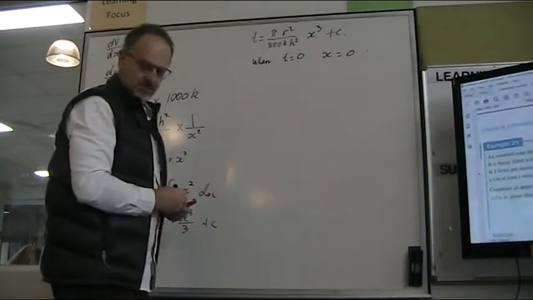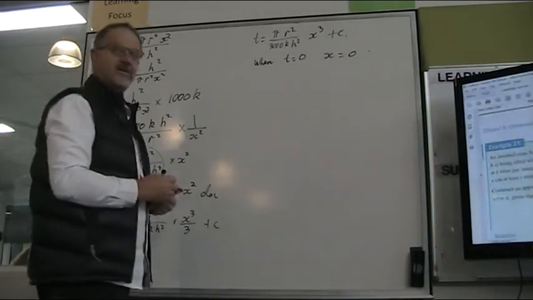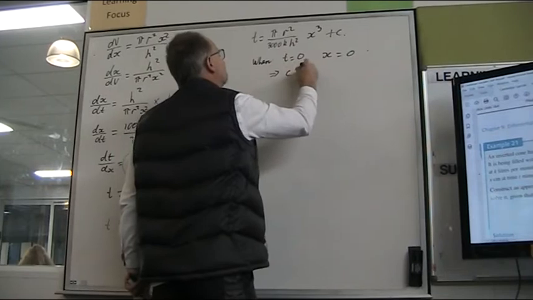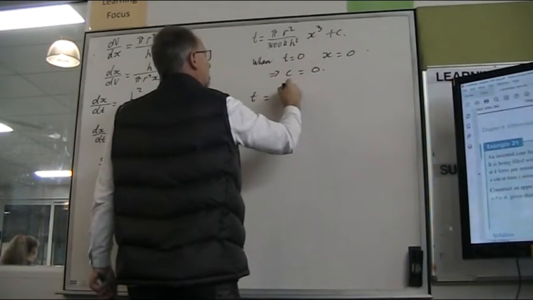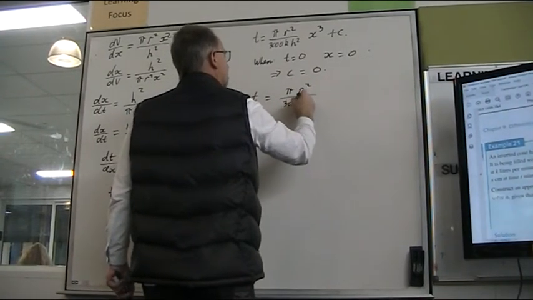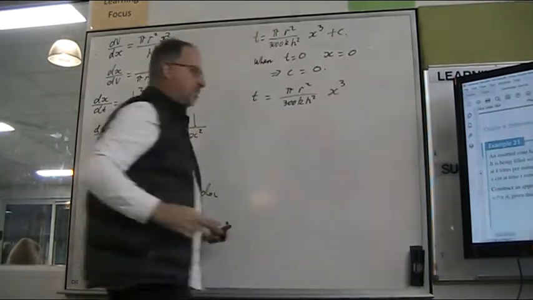And then if you put those in, what do you find out about c? 0? All right, that's handy, because now we've got t equals πr² over 3000k h² times x³.